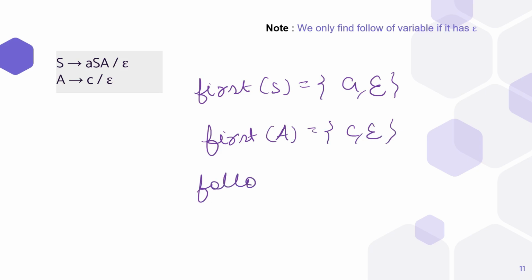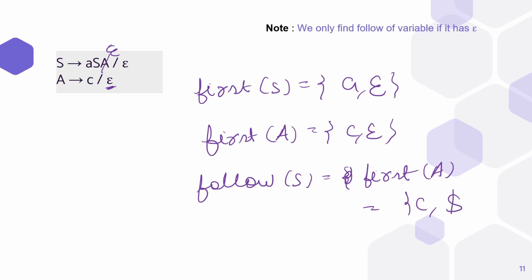Follow of S is first of A. First of A is C, and we would put the value of epsilon here because we have epsilon here, and we would put the contents of dollar. Now we would find the follow of A. The follow of A is dollar.